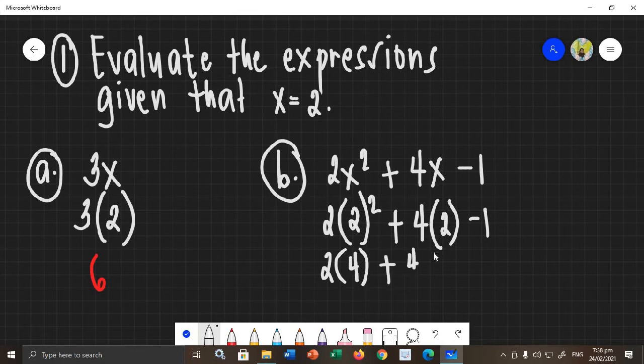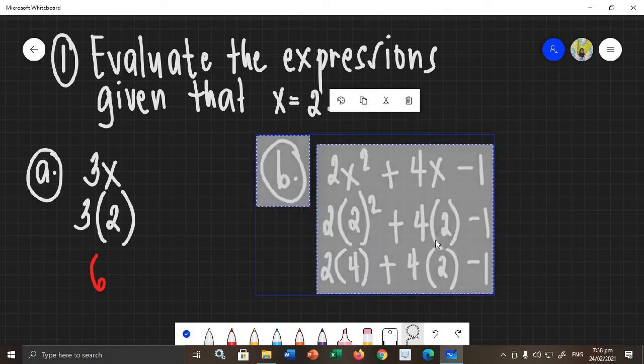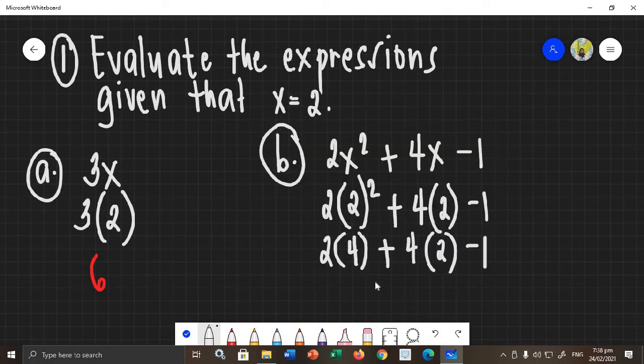Plus 4, and we just copy what was there before. Next, we need to multiply. We multiply first before we add and subtract, because that is the order of operations in GEMDAS: multiplication, division, addition, subtraction. So 2 times 4 is equal to 8, plus 4 times 2, that is equal to 8, and then minus 1.